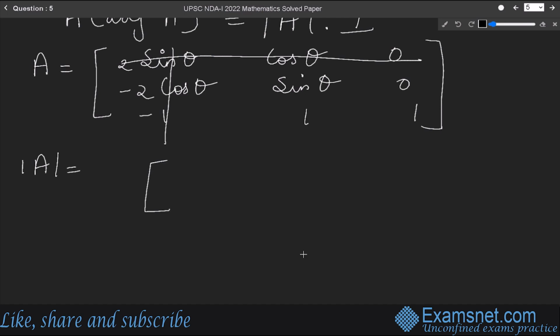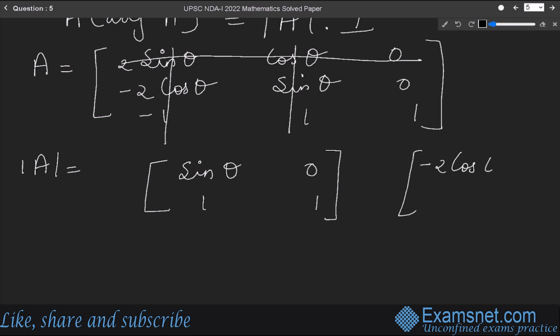After removing, the remaining terms are sin theta 0, 1 and 1. Then we remove the first row and the second column. The remaining values are minus 2 cos theta, minus 1 and 0 and 1.